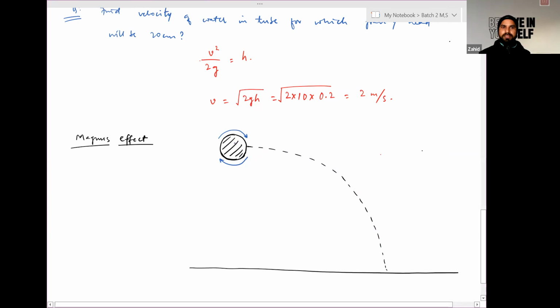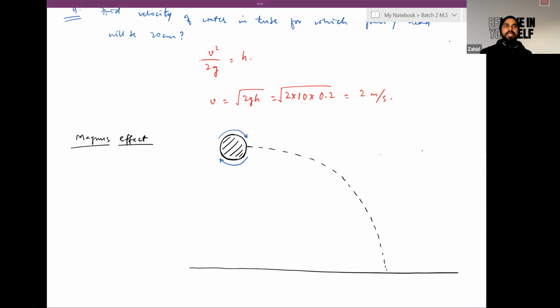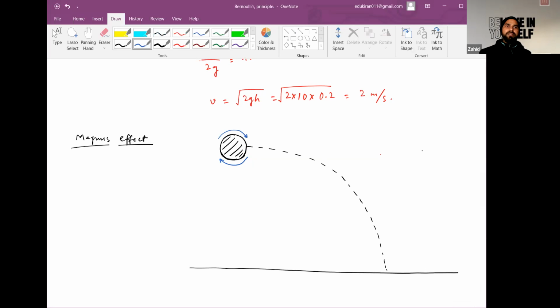Now, if it is projected in clockwise spinning, will there be any change in its path, or will it remain the same path? On spinning in clockwise or anti-clockwise, there will be change in path or trajectory. Let me define how it will be.